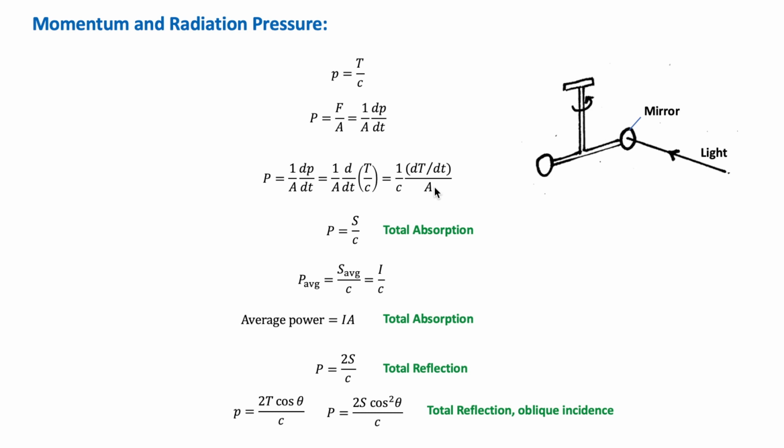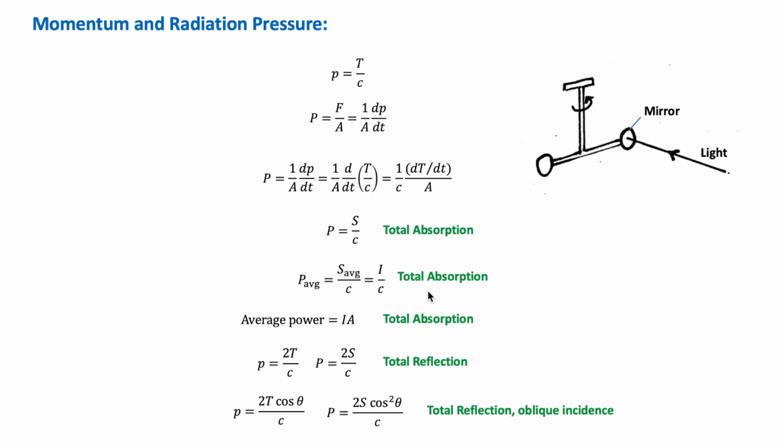And so the radiation pressure P exerted on this perfectly absorbing surface is equal to S over c. This is the expression for total absorption, and the average radiation pressure is equal to S average over c, which is equal to the intensity I over c for total absorption.